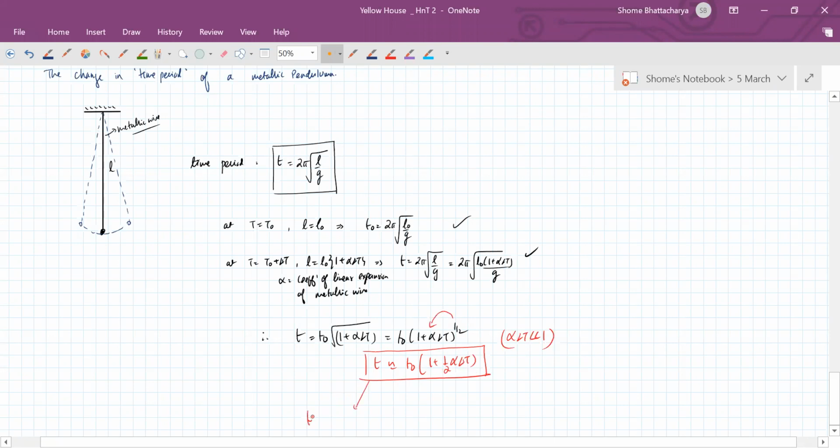So the time period at the new temperature of T naught plus delta T becomes the original into this factor. So you can see that the change in time period has a fractional value of half alpha delta T, or the percentage change in time period is half of alpha delta T converted into a percentage.